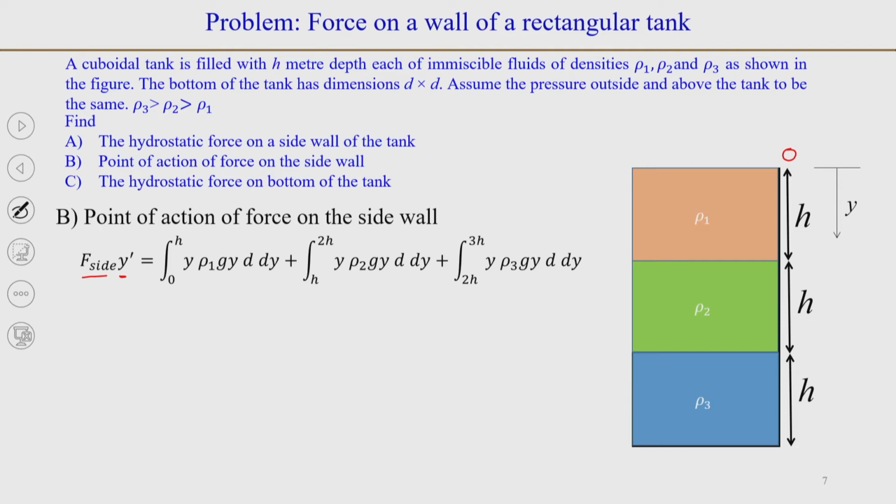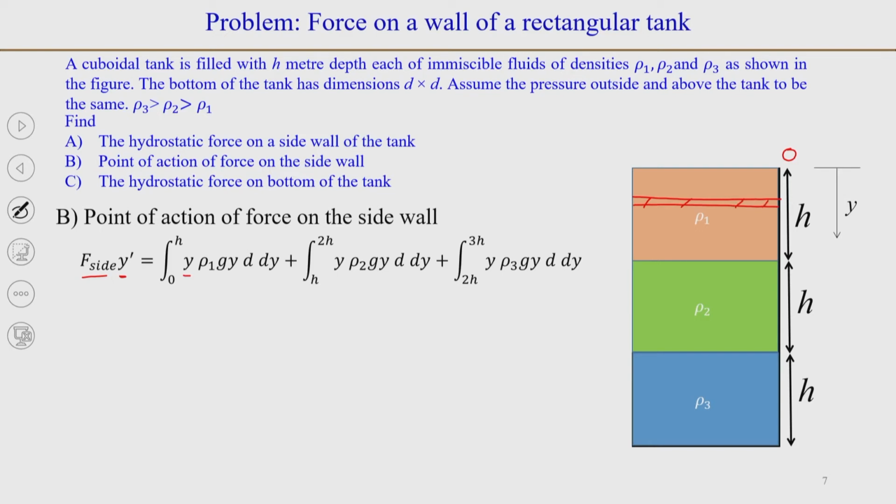What we need to find is only y dash. So, F times y dash is equal to, for the first column, we will have y into dF or pdA. So, y is the distance for a small elemental volume.